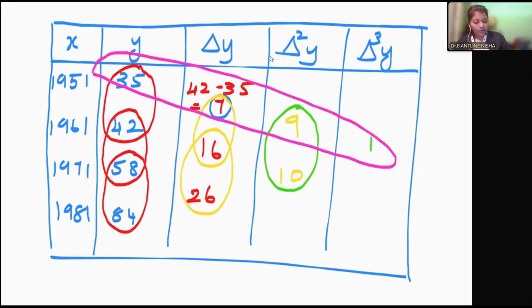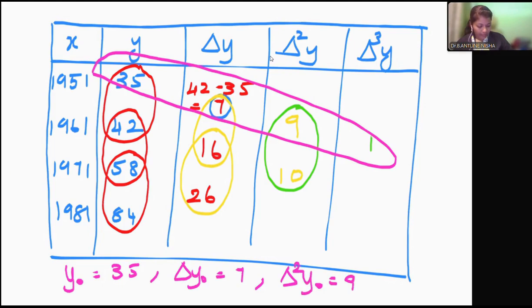Okay, so here y naught equal to 35, delta y naught equal to 7, delta square y naught equal to 9, and delta cube y naught equal to 1. Let us make use of these values in the formula.